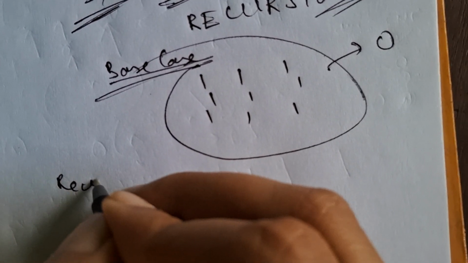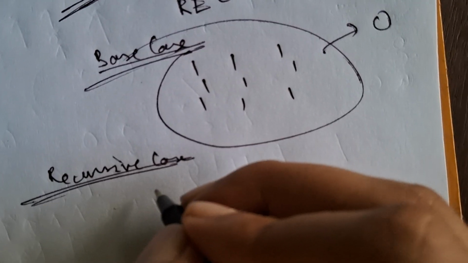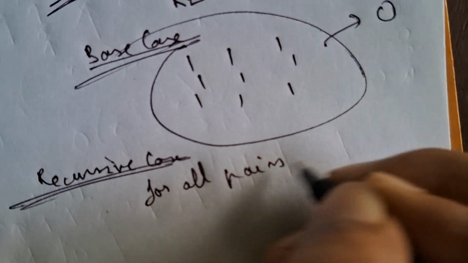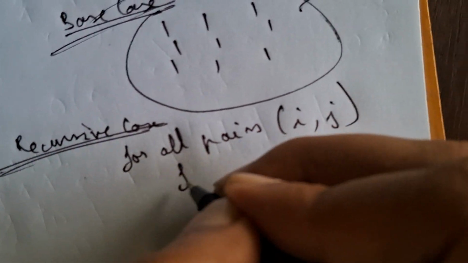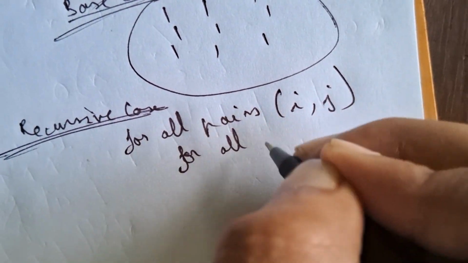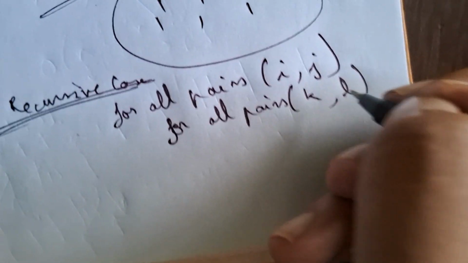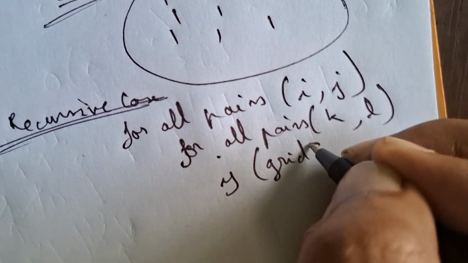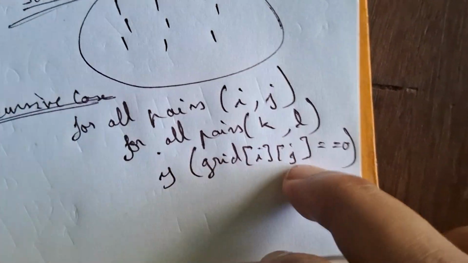And for the recursive case, you have to consider all pairs i, j. Inside this you have to again consider all pairs k, l. If grid of i of j is equal to 0, as I mentioned, you only have to change it when it is equal to 0.